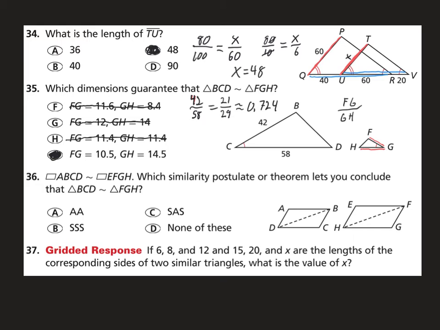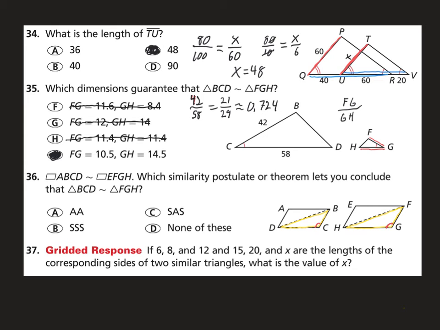So in this one, we're trying to prove that BCD, say down here, is similar to FGH. All right, so these are both similar parallelograms. So I know that all their angles have to be congruent. So this one is congruent to this one.